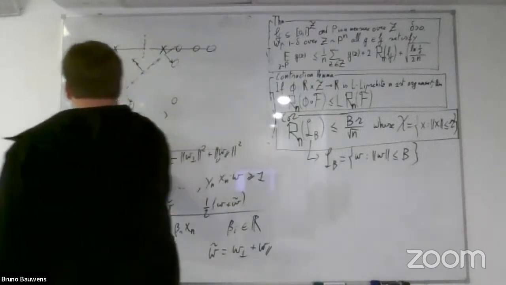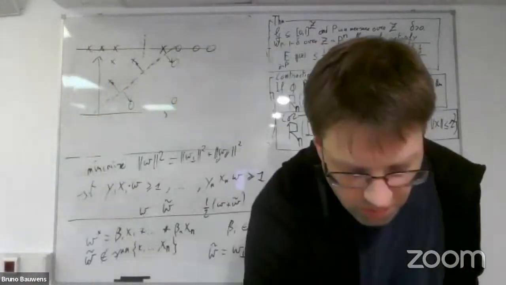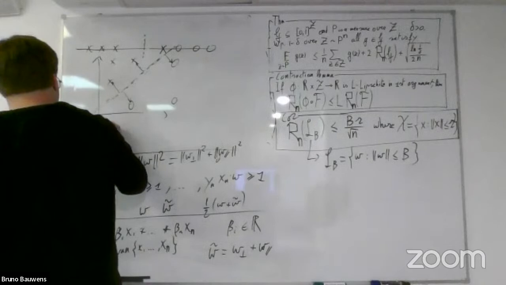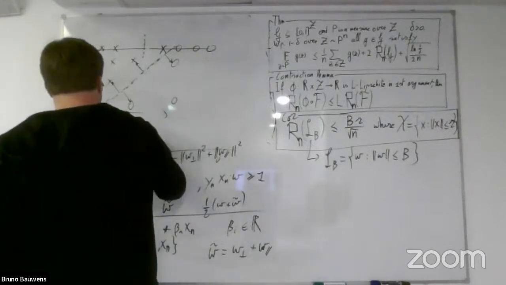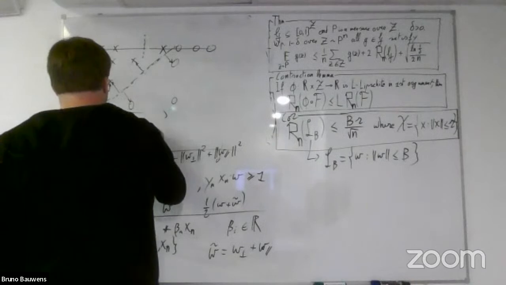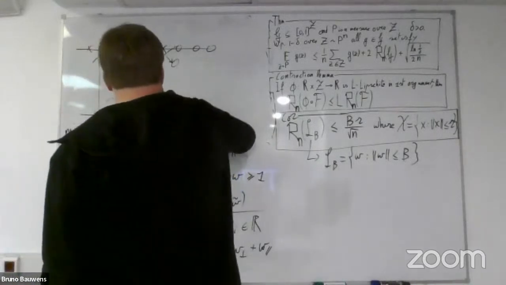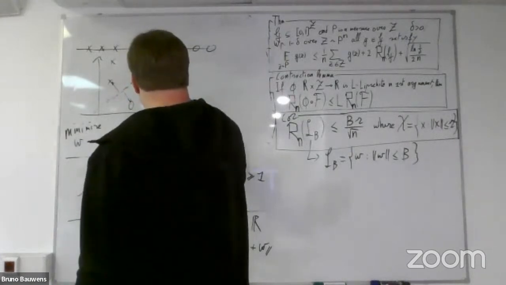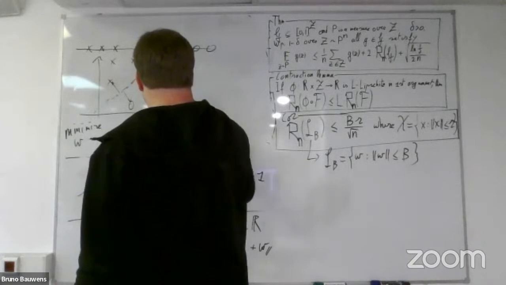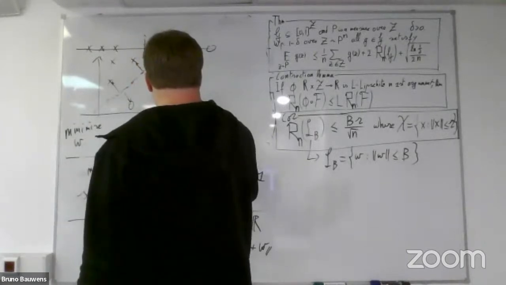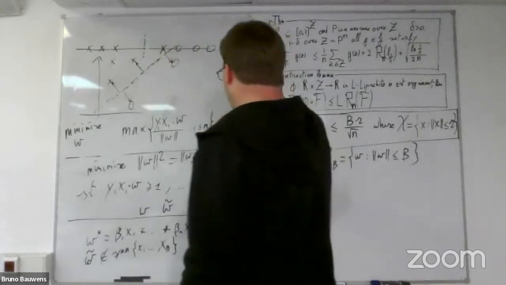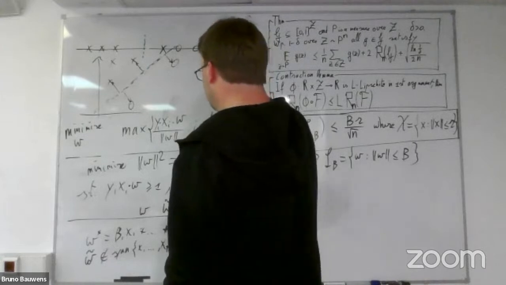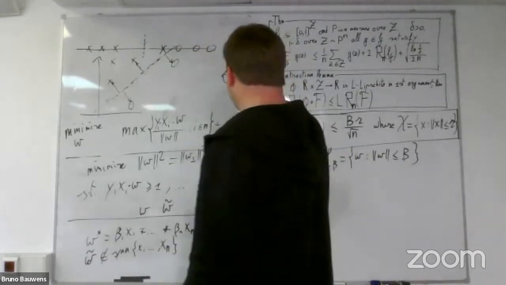We want to minimize over W the max of the same thing as before, yi times W divided by the norm of W, plus the hinge losses.